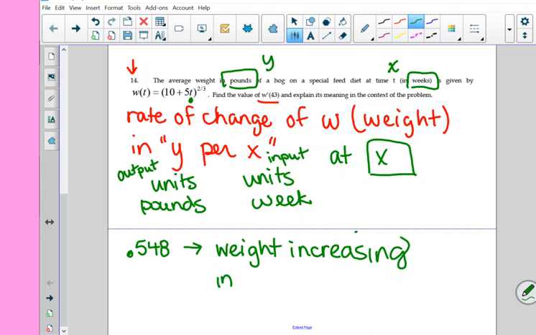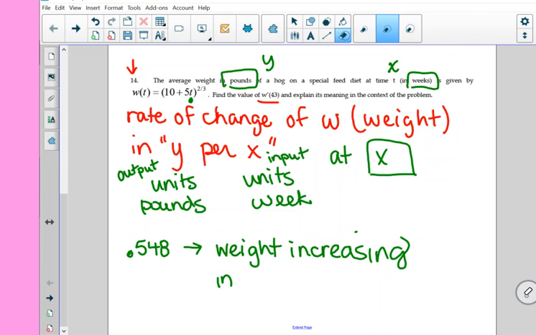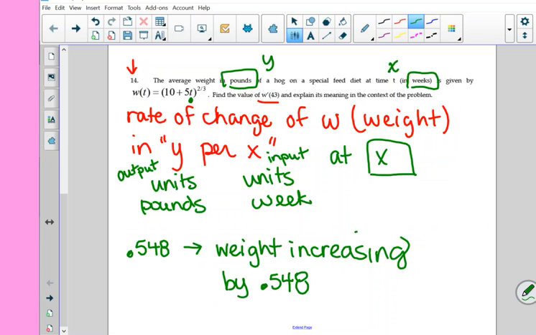in, or by, maybe by, not a lot. If we think about what's happening in this problem, we're putting the hog on a special diet, and in this case 43 represents 43 weeks. 43 weeks in, we're probably not going to be getting a super rate of gain.